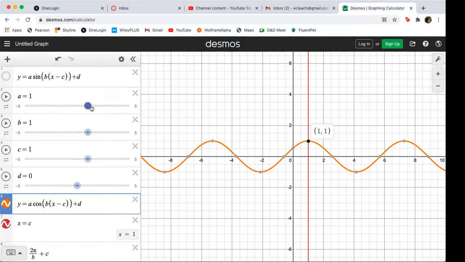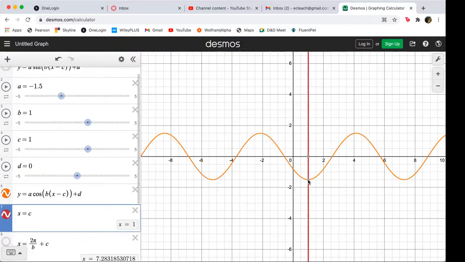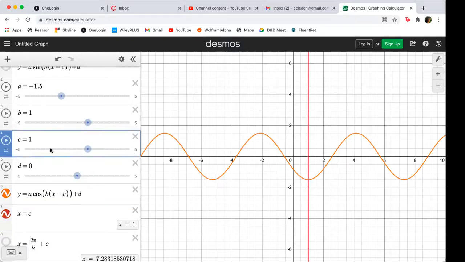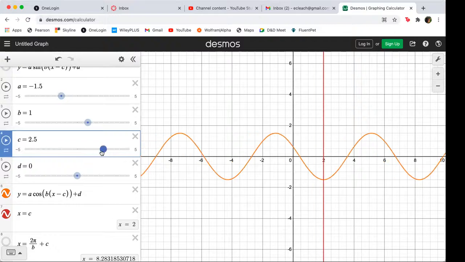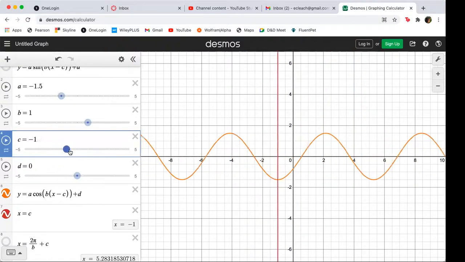If I drop the amplitude negative, we know that flips everything over. And now, when C is equal to 1, the graph is starting at the bottom. And if I adjust the value of C, the bottom is moving back and forth.